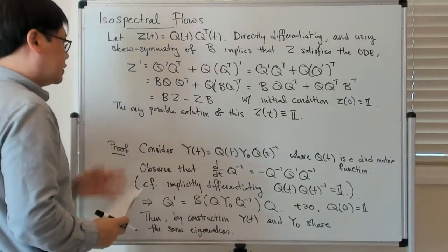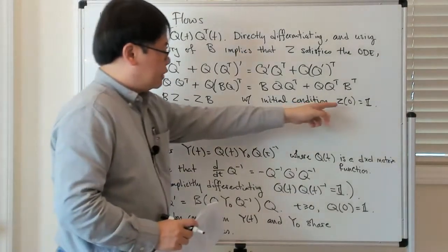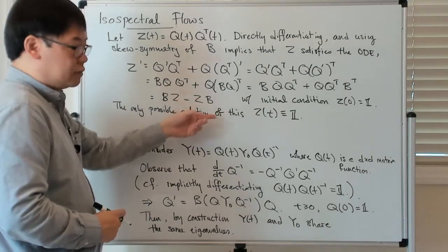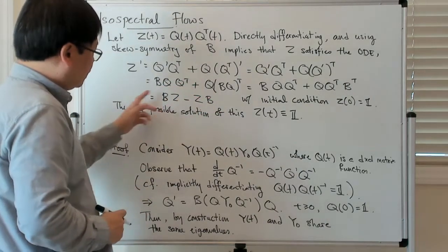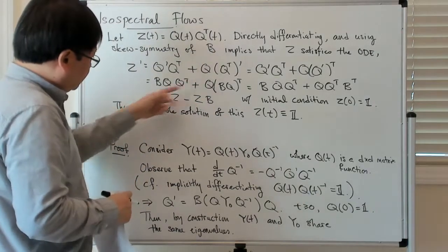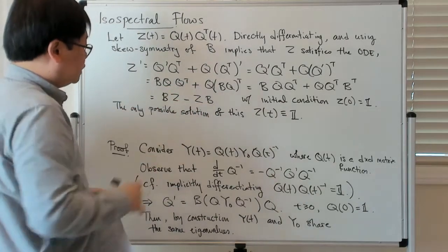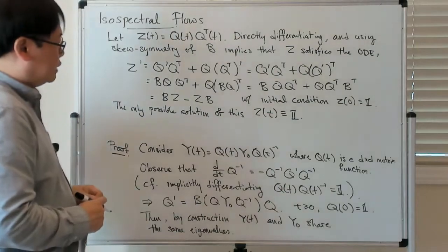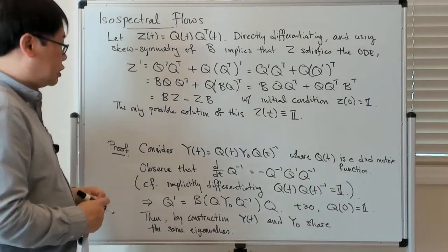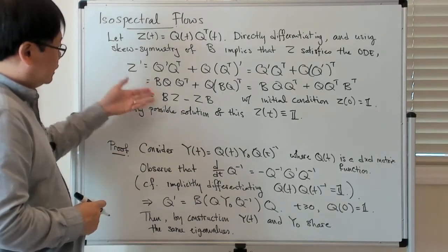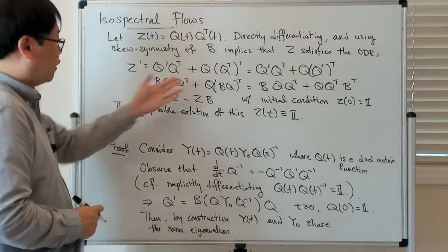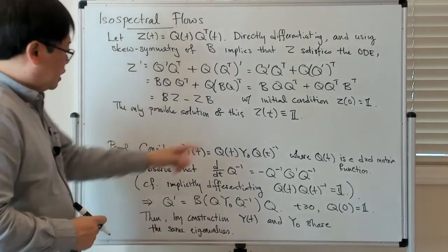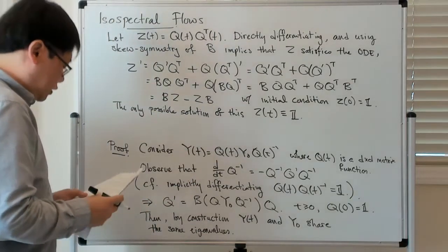You can see this from the fact that because Z at time 0 is the identity, this just becomes B minus B at time 0, so the vector field vanishes at time 0. It's easy to convince yourself that Z of t identically the identity satisfies this differential equation, and because the differential equation has smoothness properties, you have uniqueness, so the only possible solution is uniquely the identity.